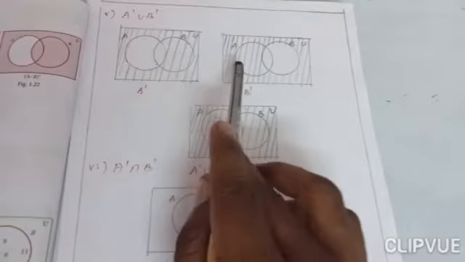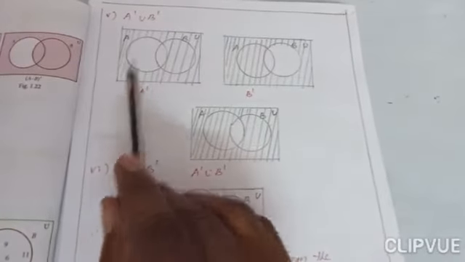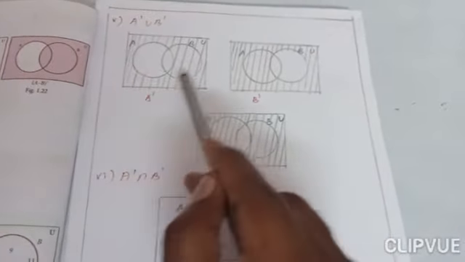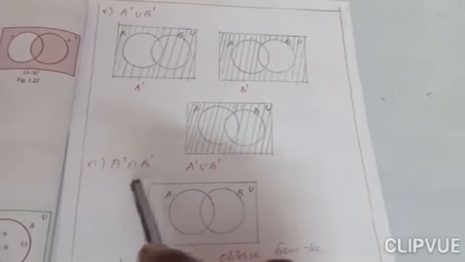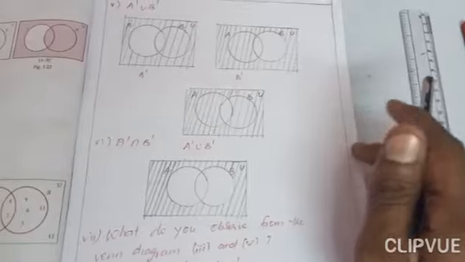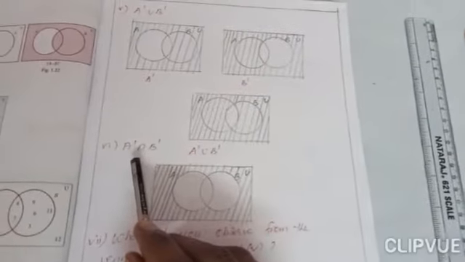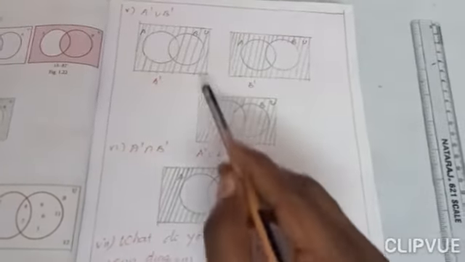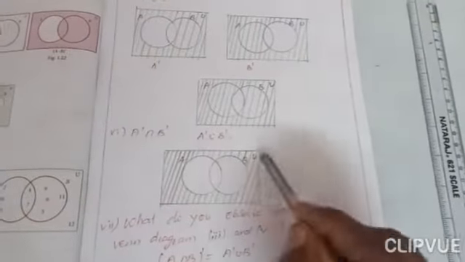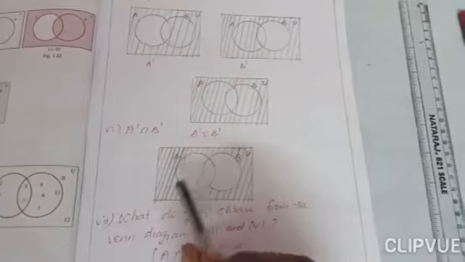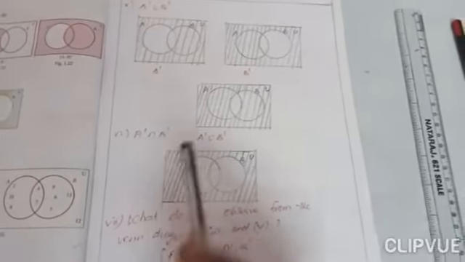What are the common parts you are seeing? I think outside of the circle, that is only A dash intersection B dash. So in A dash intersection B dash case, I leave these two circles, remaining part of the diagram fully I shaded. This is only A dash intersection B dash.